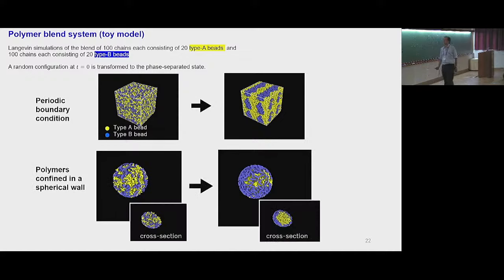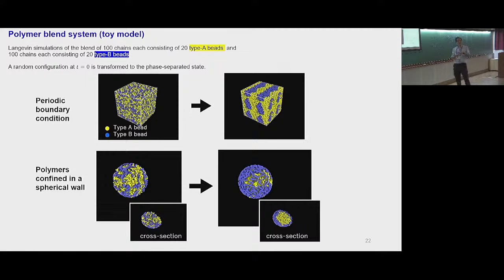And it is interesting to see that if we confine the system into a rigid spherical wall, then starting from the random configuration, it shows phase separation, but type B beads accumulate around the sphere surface, like accumulation of heterochromatin near the nuclear surface. So this spontaneously happens because this phase separation is induced because the type A repulsion is soft.